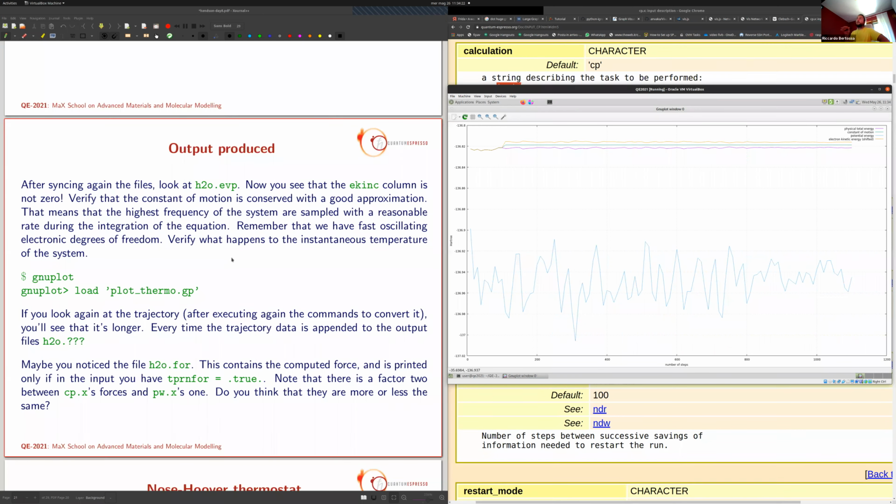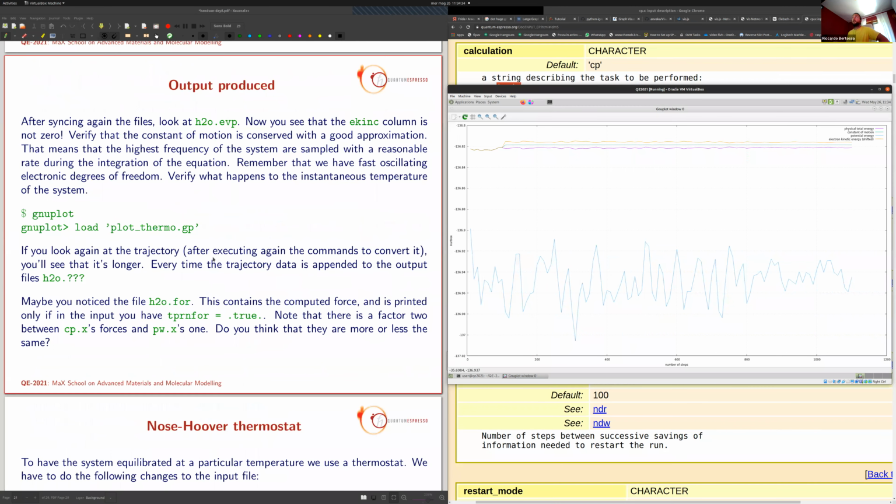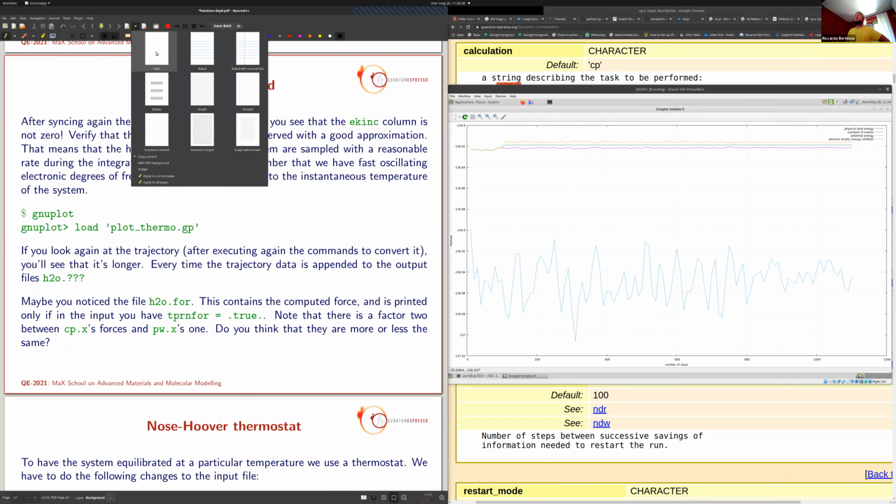But on average, the forces are about the same as the ones that the code pw.x calculates. But there is another fact that maybe you can imagine.